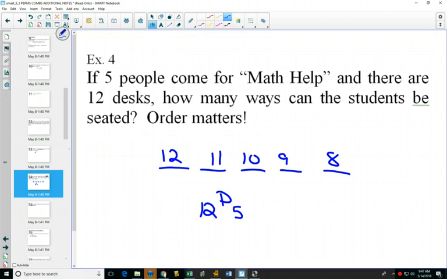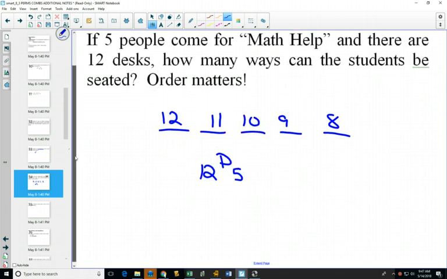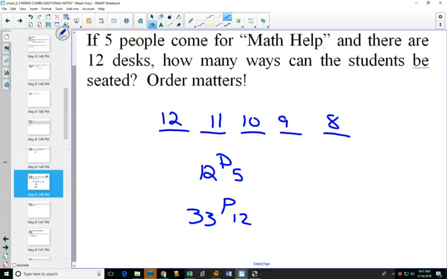Now, if everyone was here, if we count all the desks, 2, 4, 6, 8, 10, 12, 24, 26, 28, 30, 32, 33 desks, right? If you type that into your calculator, it is a huge number as far as the number of seating plans we could arrange for this class if we used all the desks, right?